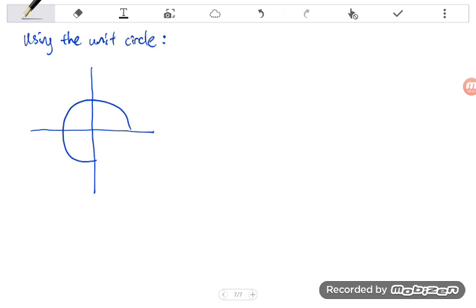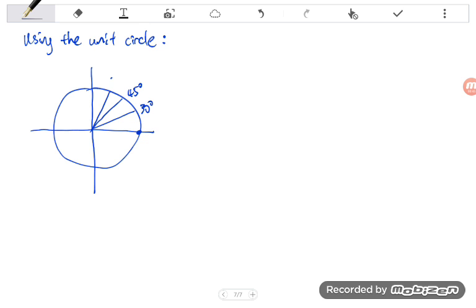So let's say this is my unit circle. We have 0 degrees, 30 degrees, 45 degrees, 60 degrees, and then I have 90 degrees, right?